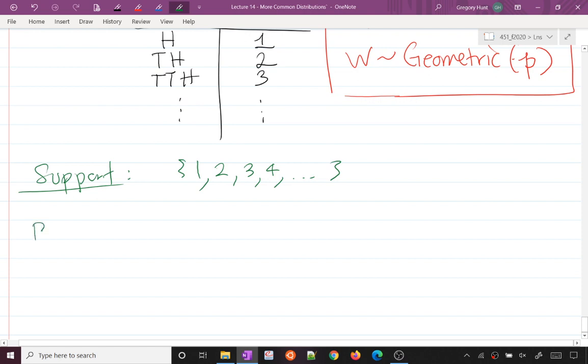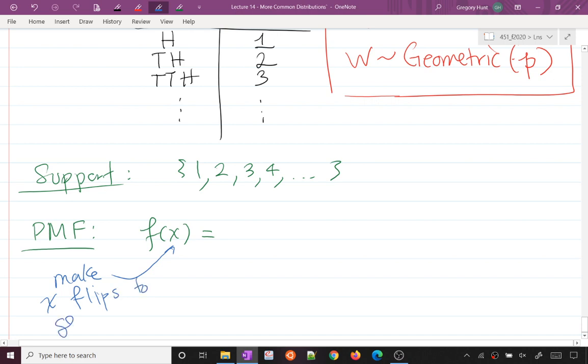And the PMF, so this is a discrete random variable, so it has a mass function, is f of x is, well, if I have to make x flips to get my first heads.